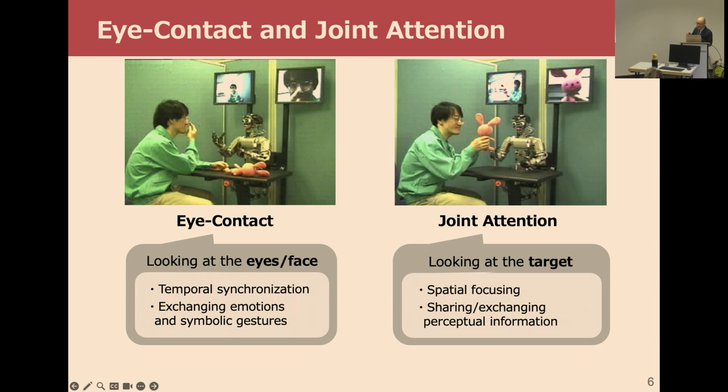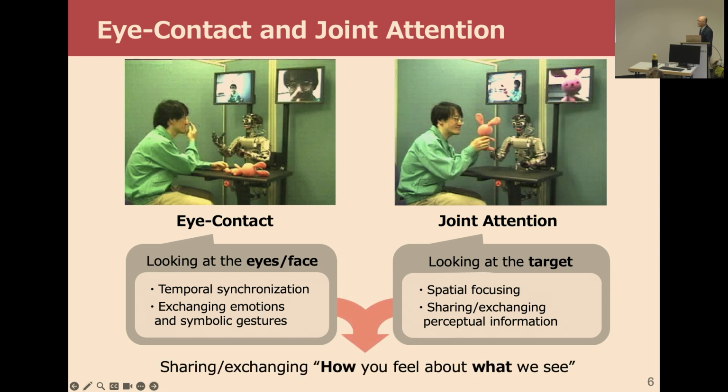On the right side, joint attention is the act of looking at a shared target. It gives spatial focusing to the interaction and enables both interactants to share perceptual information coming from the target object. Going back and forth between eye contact and joint attention, those two interactants can share and exchange how they feel about what they see.